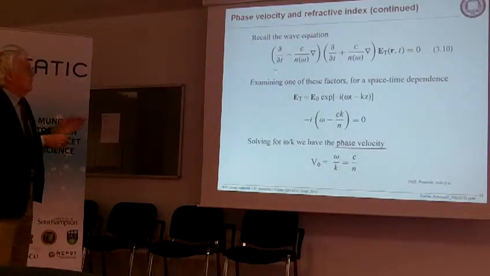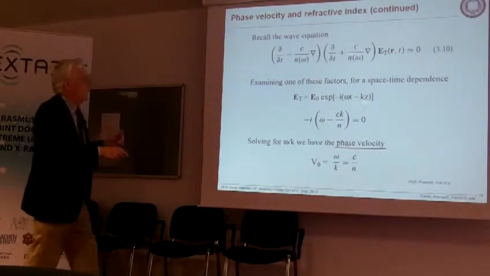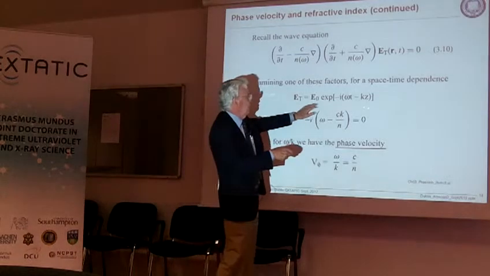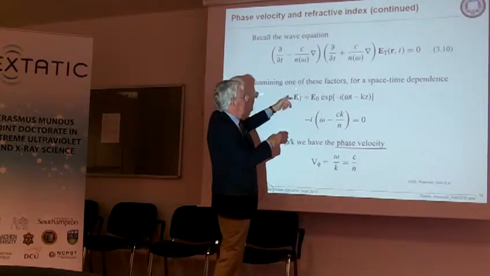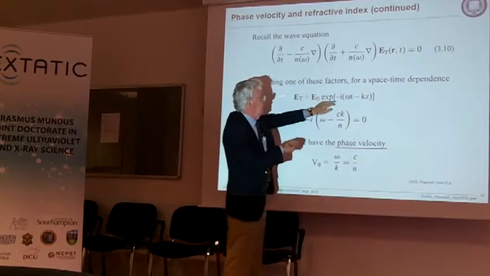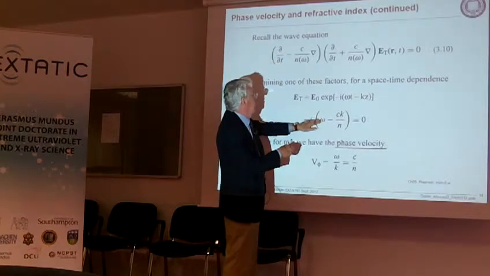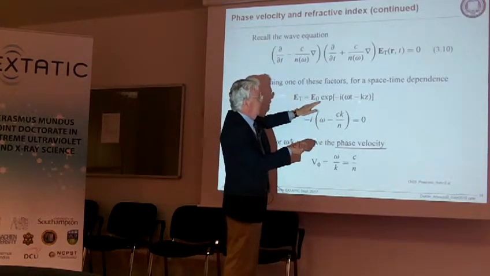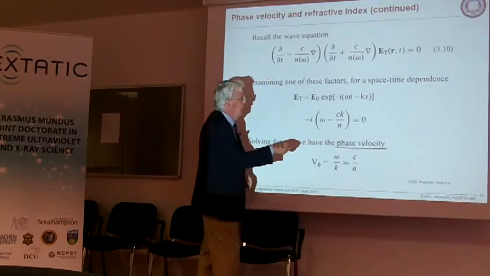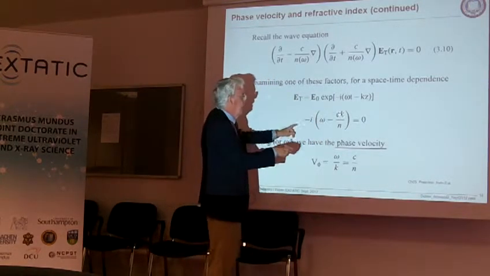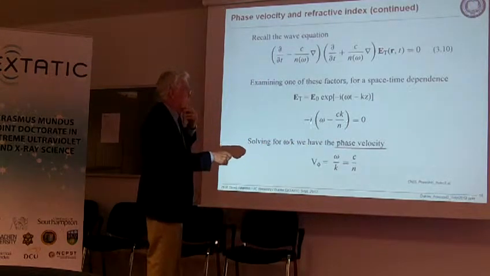Also, if you take one of these factors and you say, okay, it's going to be 0, and you assume a wave of this form like we did yesterday, and you take these derivatives, the partial with respect to time of E, this is a constant, and this just brings down a minus i omega. So this term gives a minus i omega. The gradient is a vector, but at any rate, it would bring down a plus ik on this term, and you have a c over n. So this is what you get.